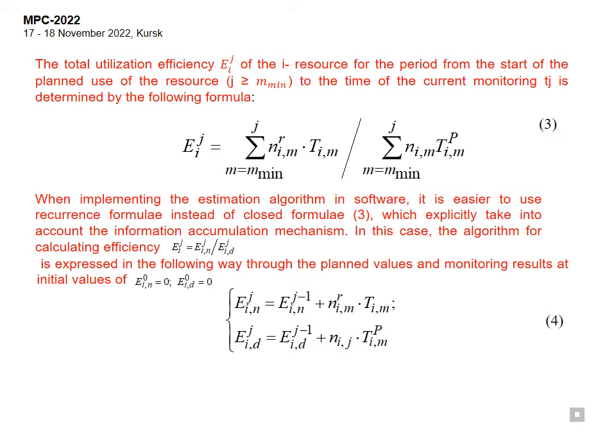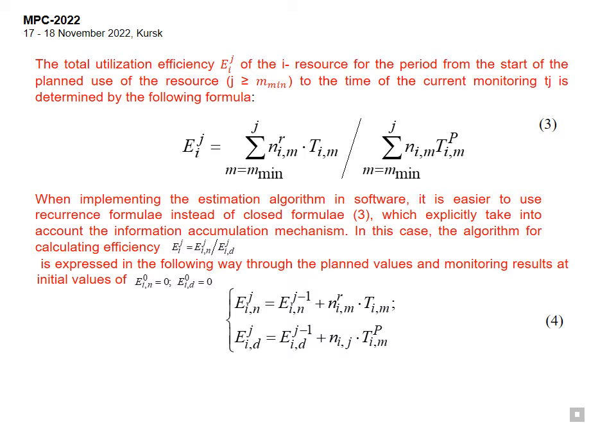The total utilization efficiency E_ij of the i-th reserves for the period from the start of the planned use of the resource to the time of the current monitoring t_j is determined by the following formula.